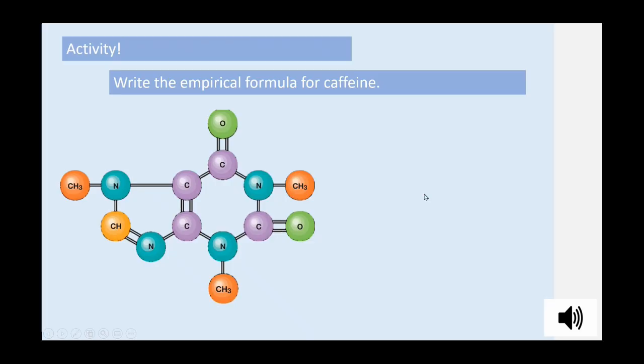Now, try this one, class. How about the empirical formula for caffeine? First step is our molecular formula. We have carbon, nitrogen, oxygen, and then hydrogen.